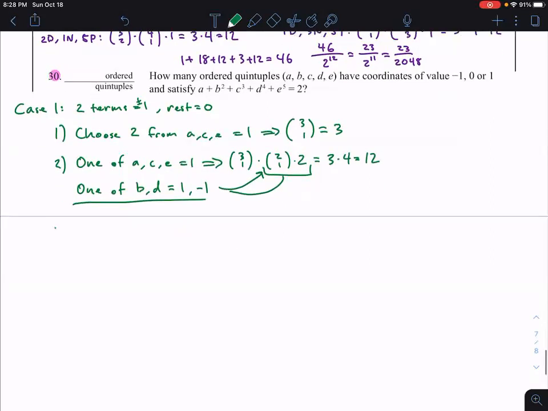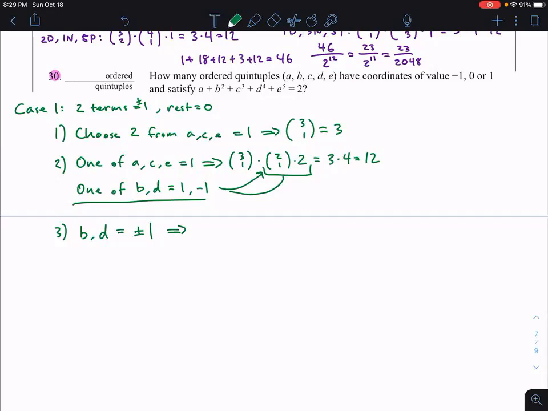Subcase 3. Basically, B and D can each be equal to either -1 or +1.